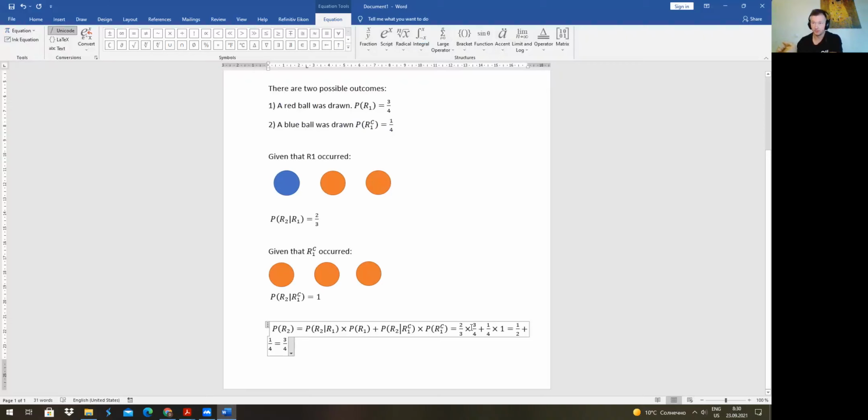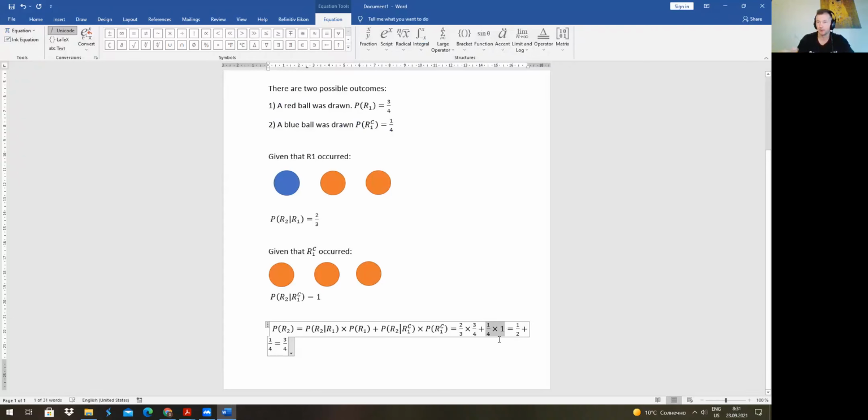But also, you have another opportunity to get a red ball on the second step. On the first step, you needed to draw a blue ball. And this adds another piece of this total event of having a red ball on the second step.